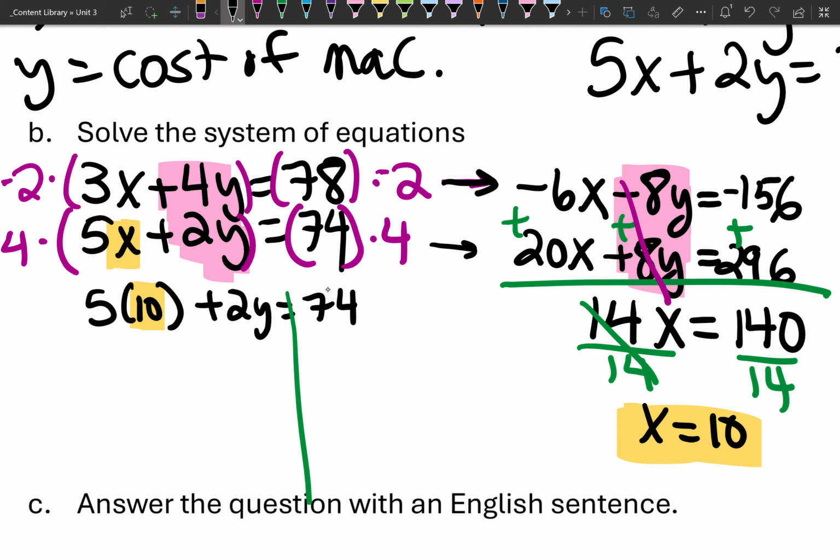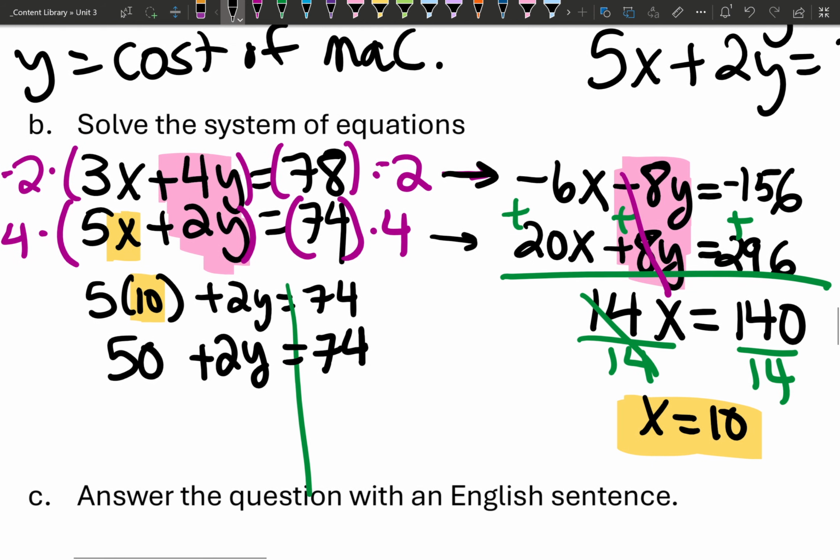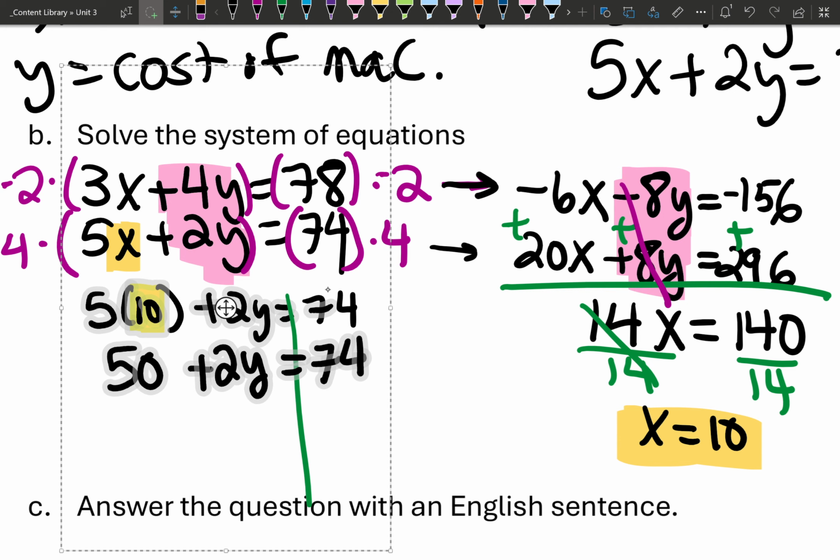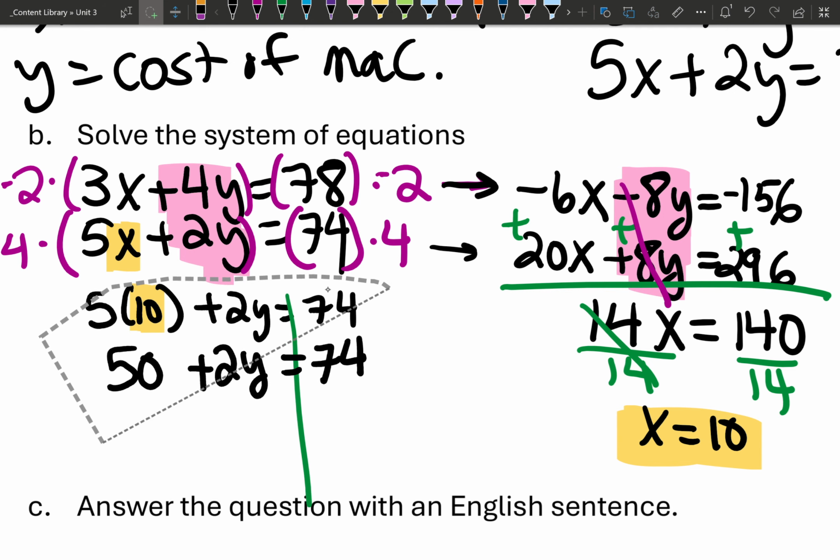Anyways, 5 times 10 is 50 plus 2y equals 74. And then, I need to make this smaller. I don't know if I gave you guys enough room. I don't even know if I can copy this for you guys. So, we'll see. Let's try making this smaller again.